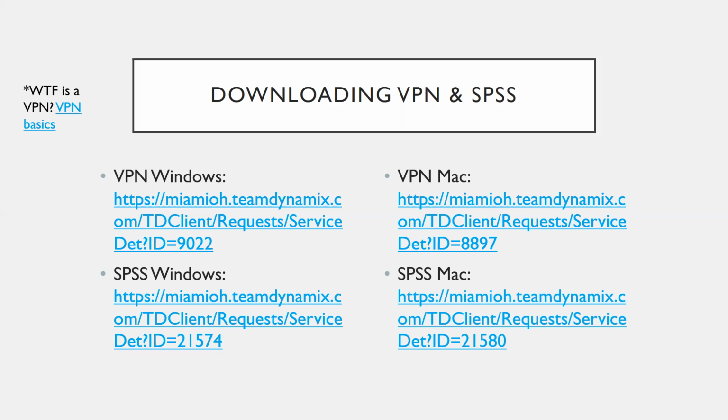If you are not on campus, which I presume most of you are not, you are going to need to use Miami's VPN, or virtual private network, to be able to access SPSS. The reason is that Miami's purchased license for IBM SPSS Statistics is only technically for on-campus usage.